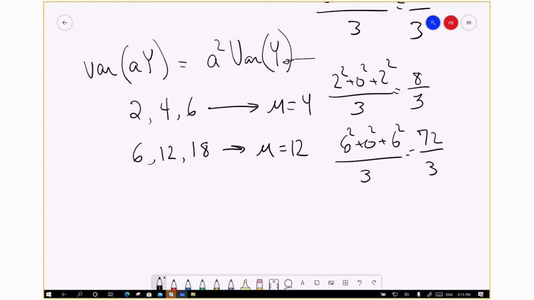So what's the ratio of these two numbers? Well, this variance is 9 times larger.